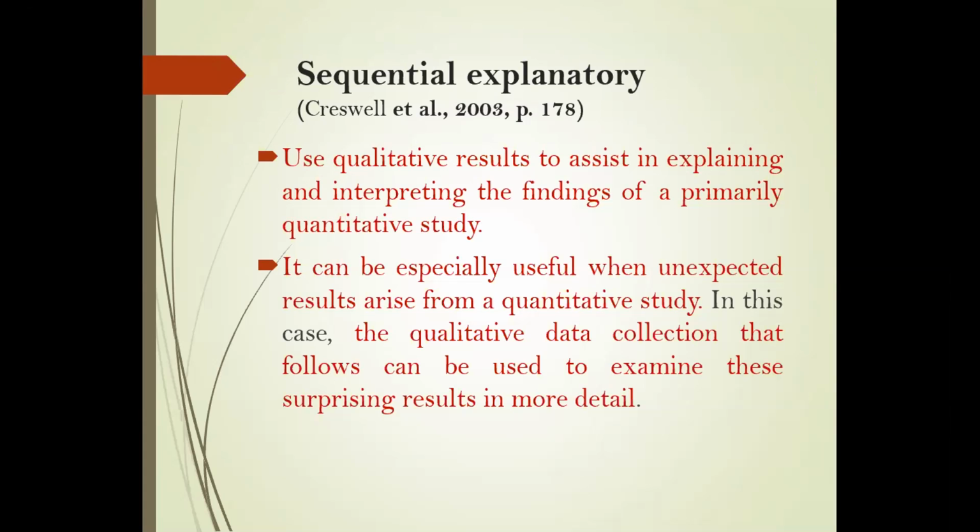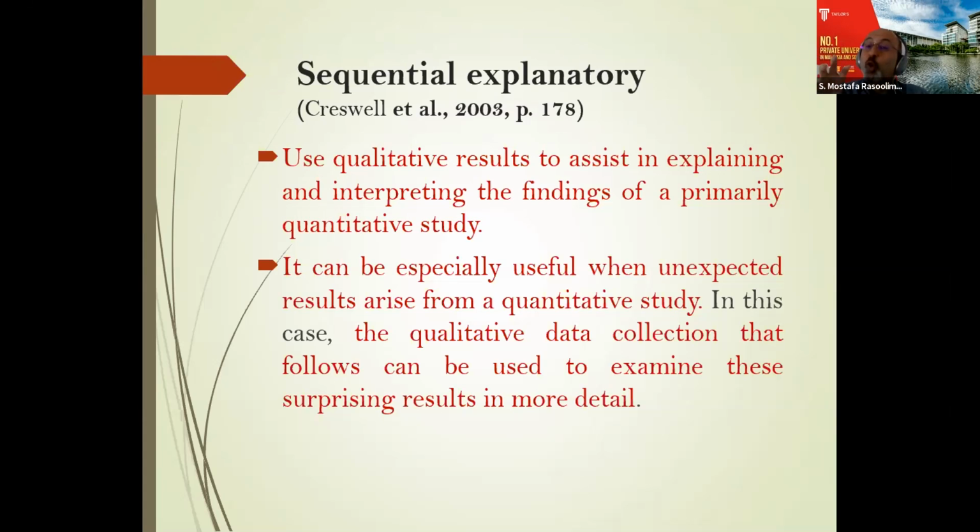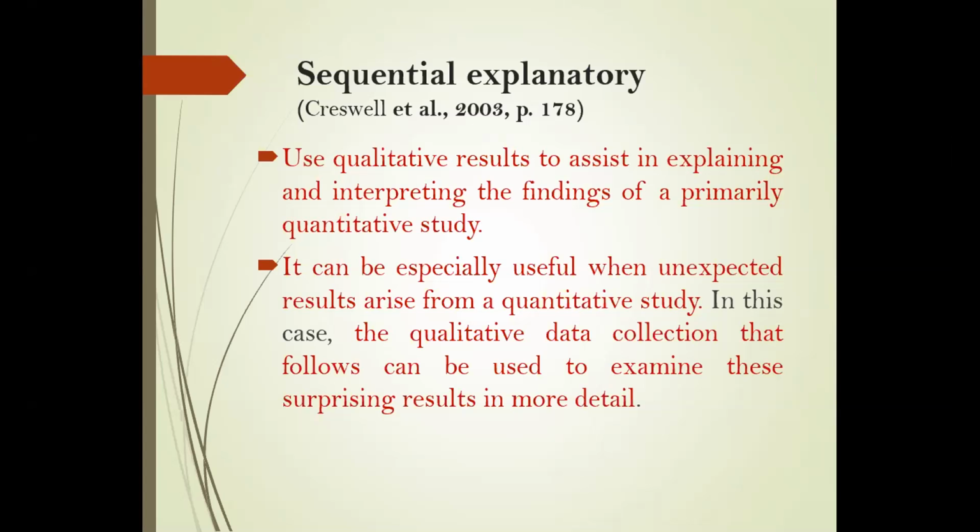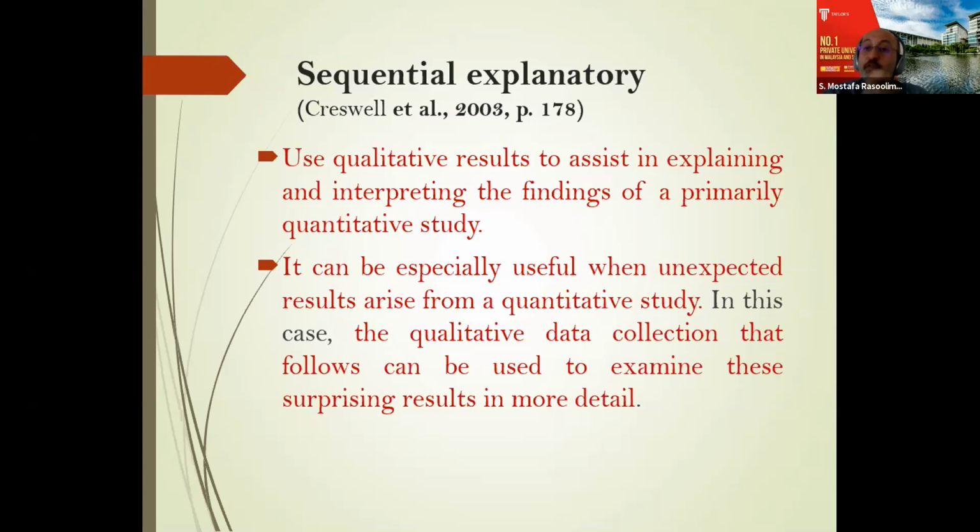If from the beginning we decide to go for both qualitative and quantitative, this can be complementary or completeness, right? And we don't need the result of one part to start conducting the qualitative phase, to start collecting qualitative data.